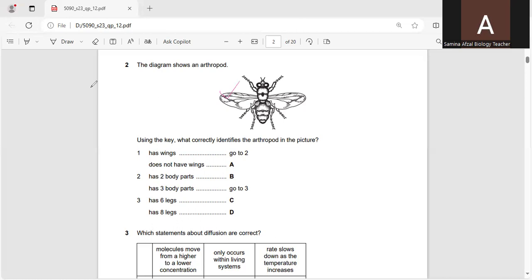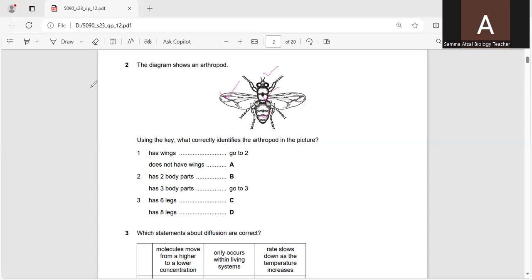So we are going to option number 2, which is has 2 body parts. If it has 2 body parts, then go one way; if it has 3 body parts, then you have to go to 3. You can see they have 1, 2, and 3 body parts. So we have to go with option number 3, and in option number 3 you can see that it has 6 legs.